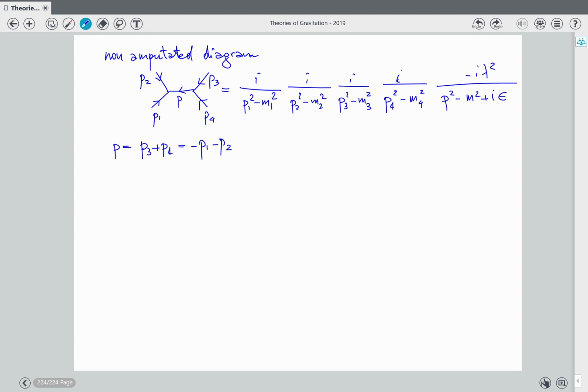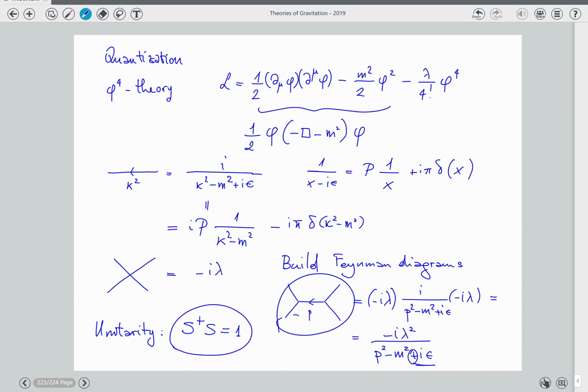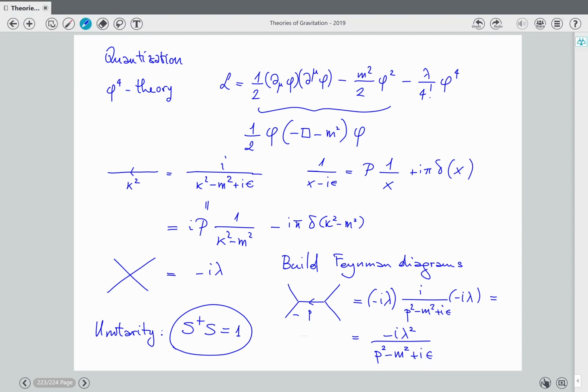That's a much more difficult problem, but in perturbation theory you just amputate the diagrams and you get the amplitude. So tomorrow we will apply the unitarity equation to this diagram to check the meaning that this plus I epsilon must be there precisely with this sign and this coefficient.